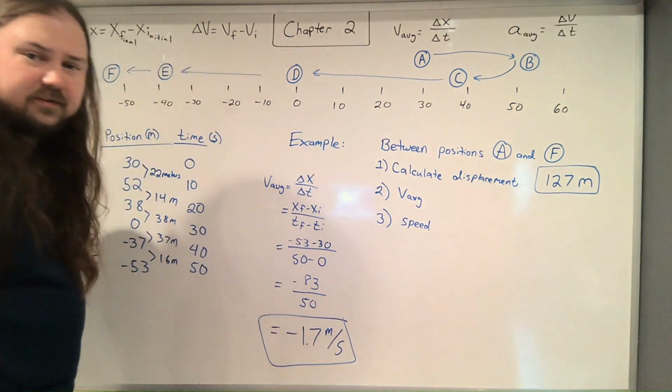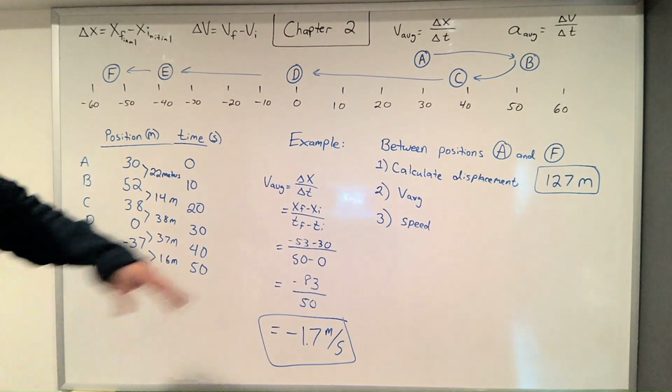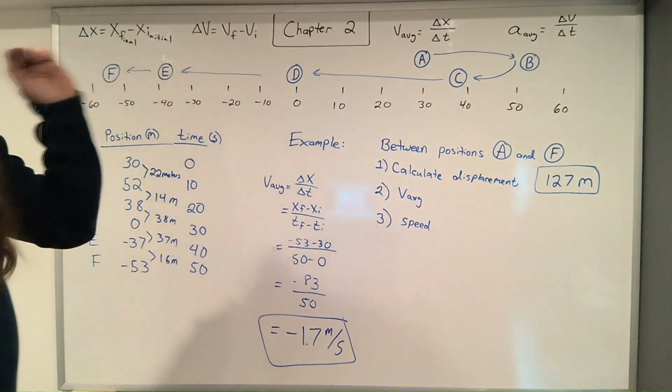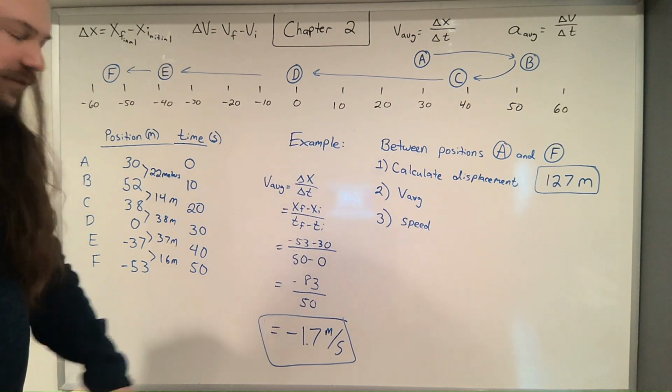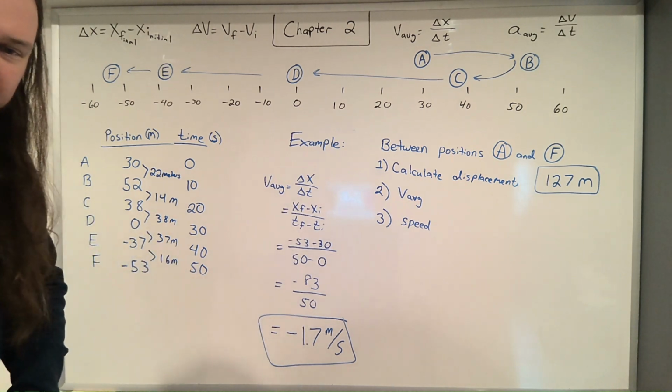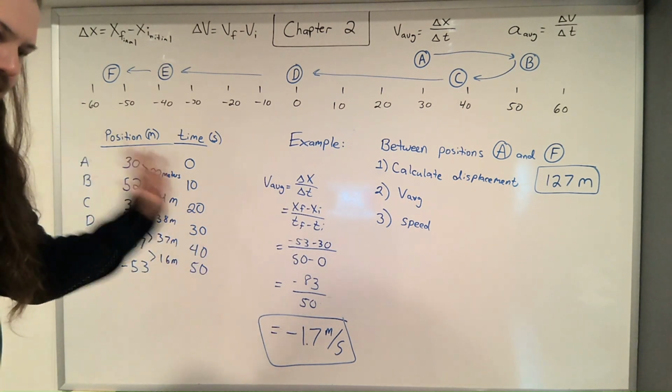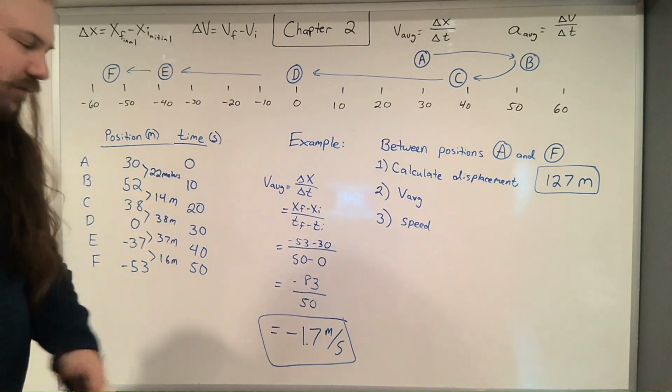Okay, remember, velocities can be negative. That's fine. Average velocity, it went more in the backward direction than in the forward, so its final position was more negative than its initial. That gives us a negative number.